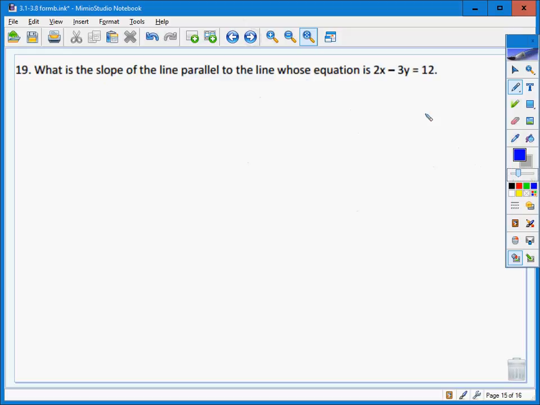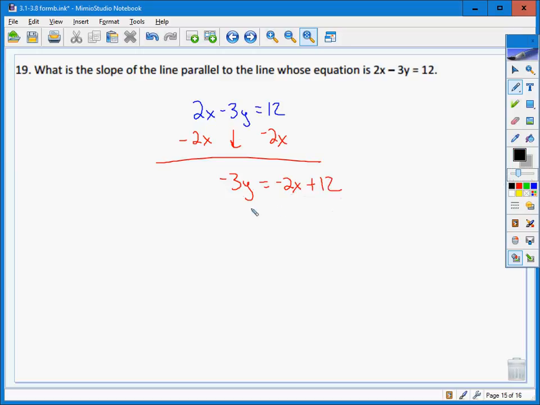Here they ask me to find the slope of this equation, which is written in standard form. I'm going to take what was written in standard form and change it into slope-intercept form by solving this equation for y. I have to get y by itself, so I'm going to get rid of the 2x. Don't forget the negative that's attached to the 3y. And I'm going to divide each individual term by a -3.